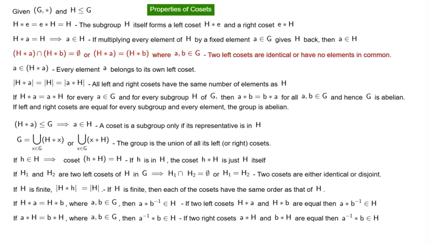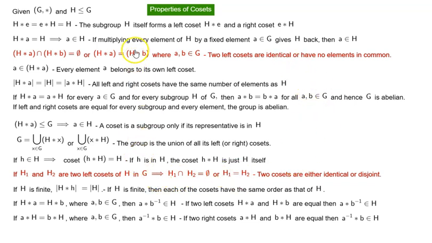Let's look at this. H times A intersection H times B is a null set, or they are equal to each other. And this one, if H1 and H2 are two left cosets of H in G, implies H1 intersection H2 equal to a null set, or H1 equal to H2. So two cosets are either identical or disjoint. Be in a position to differentiate between these two.